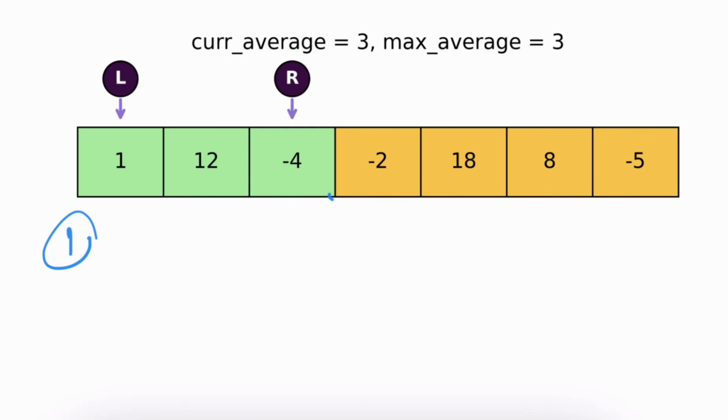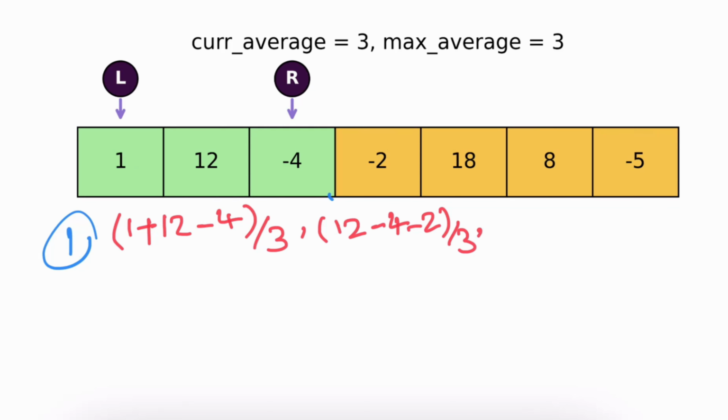So we have to do 1 plus 12 minus 4 divided by 3. For the next one, we have 12 minus 4 minus 2 divided by 3. For the next one, we have minus 4 minus 2 plus 18 divided by 3, and etc.